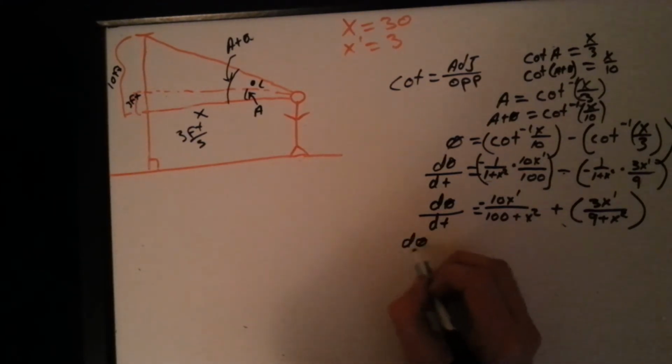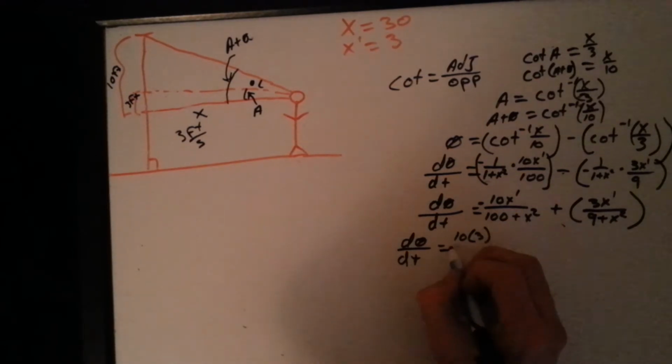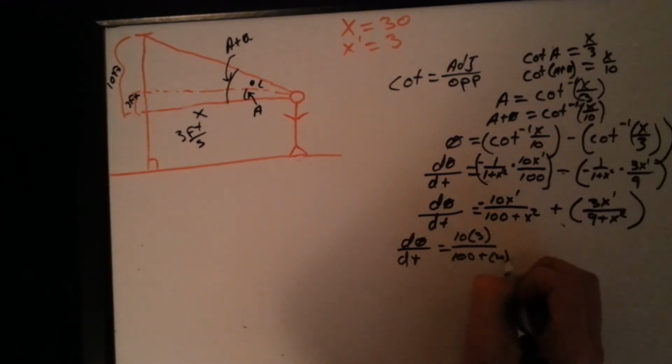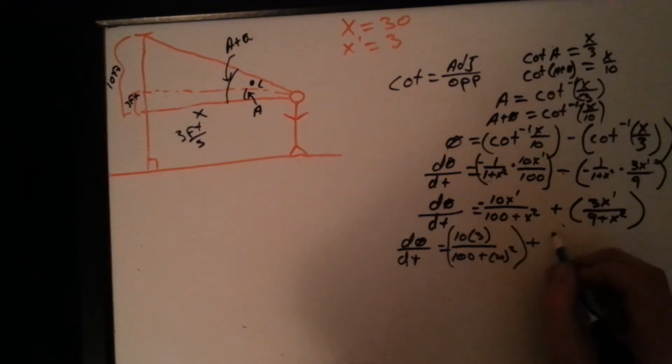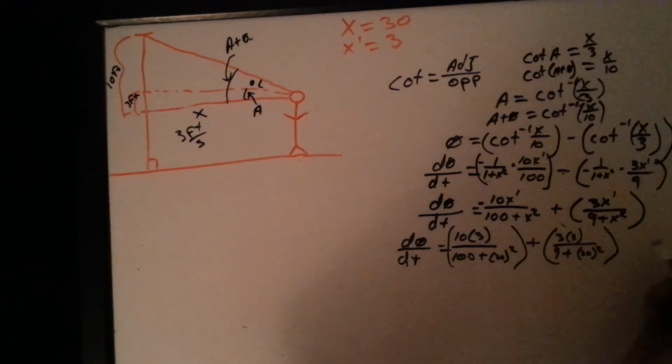So the derivative of theta with respect to time equals 10 times 3 over 100 plus 30 squared plus 3 times 3 over 9 plus 30 squared.